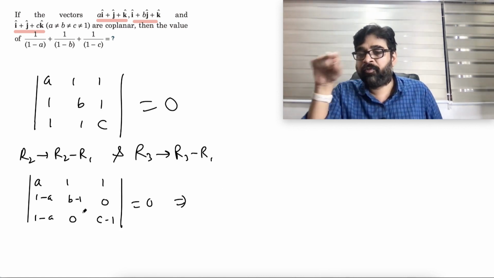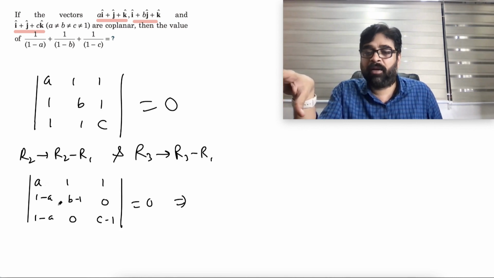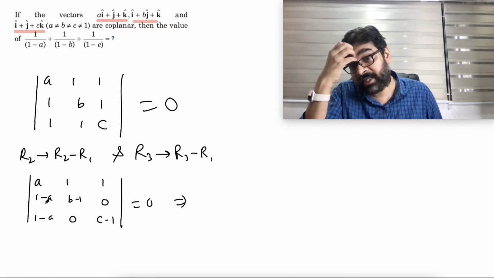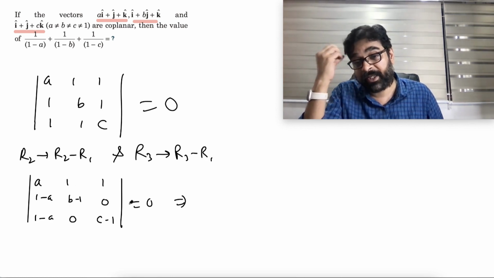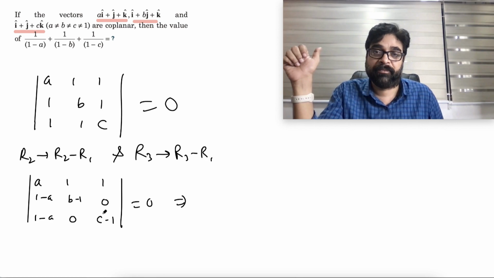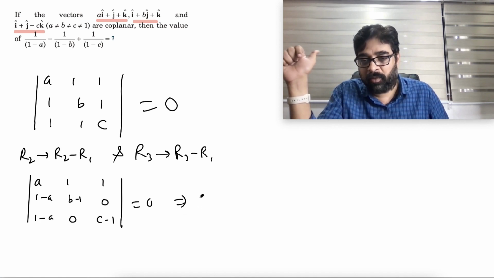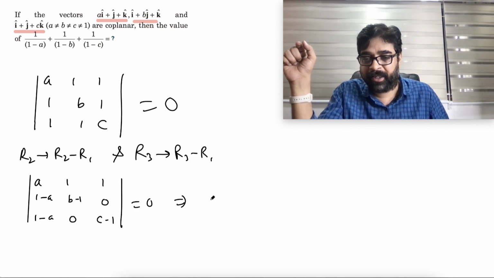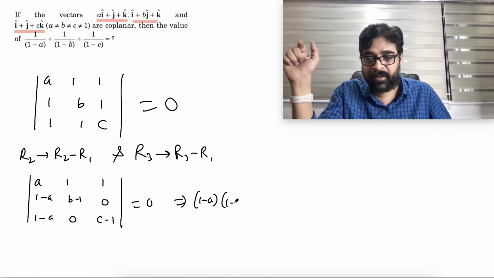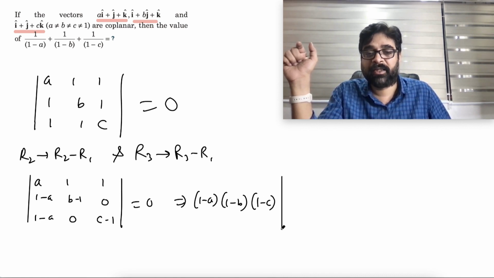Now from the first column I'm taking 1 minus A common, from here 1 minus B common, from here 1 minus C common. Are you getting my point? Why, sir, are you getting this idea?